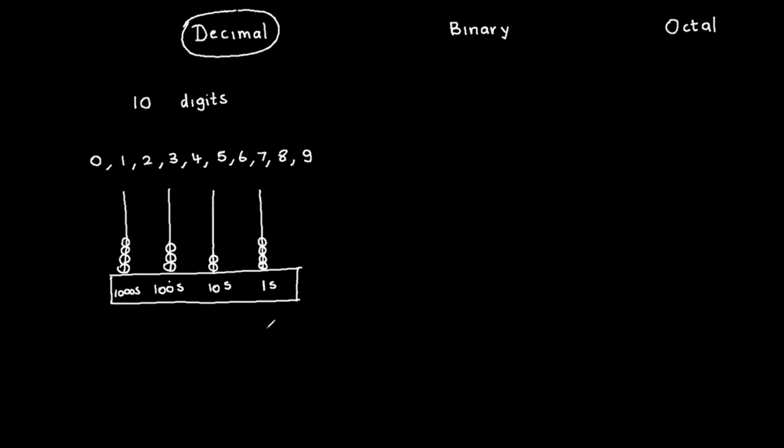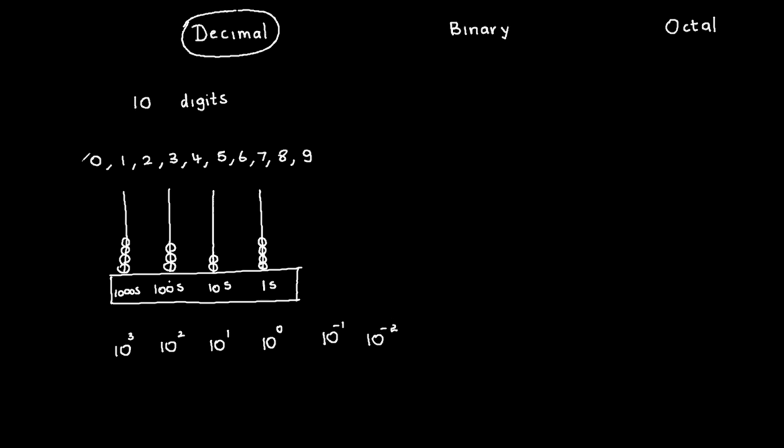When we are starting here, we use the place value as 10 to the power 0. Then 10 to the power 1, then 10 to the power 2, then 10 to the power 3. Similarly, we can also write in the right hand direction, after the decimal point. It will be 10 to the power minus 1, then 10 to the power minus 2.